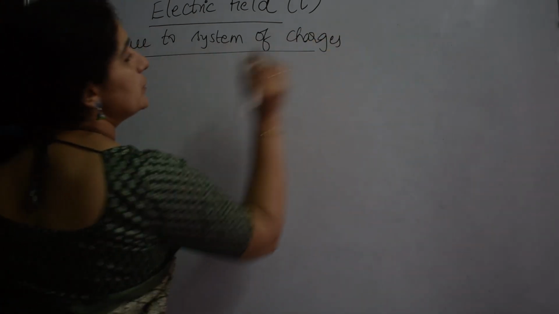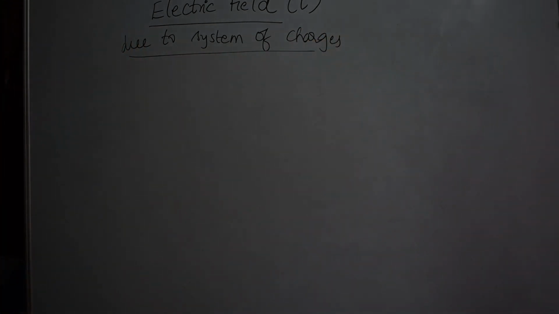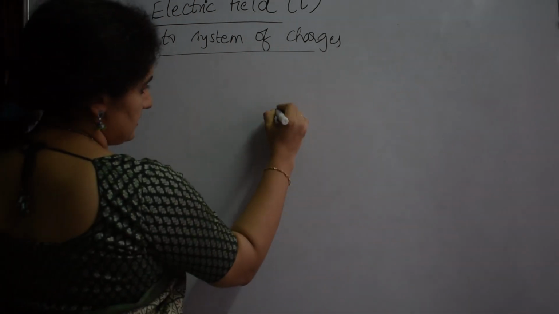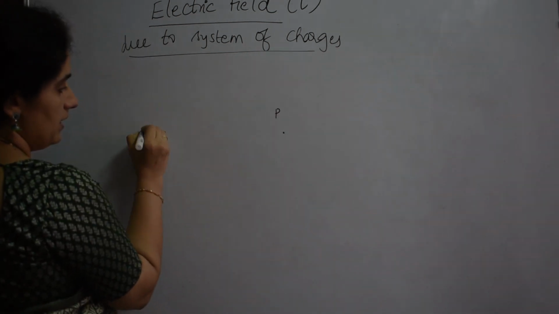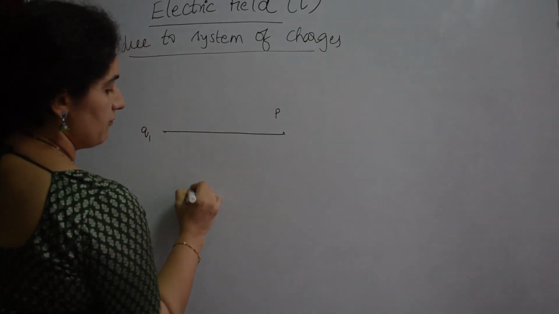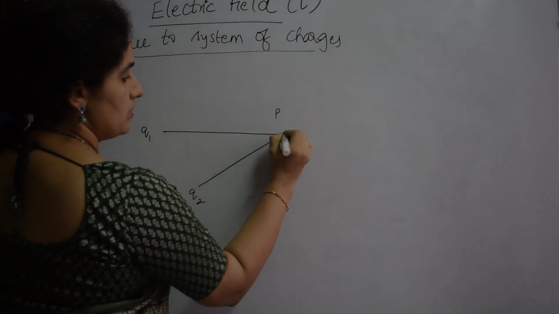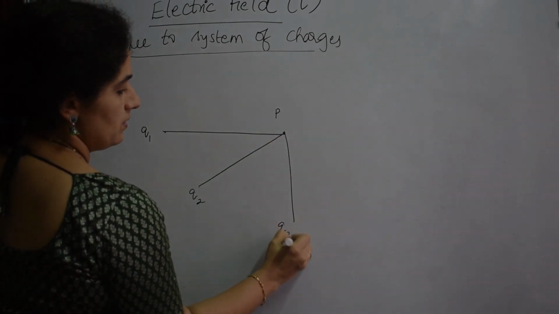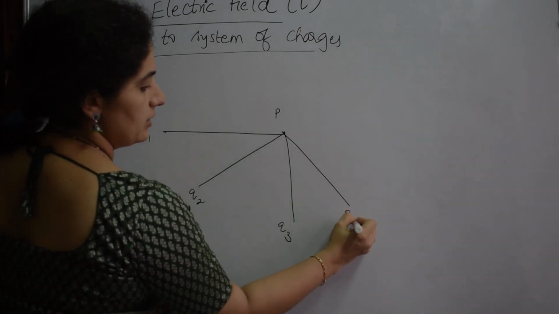Electric field due to a system of charges. Consider the point P. Here you have Q1, you have Q2, Q3 and Q4.